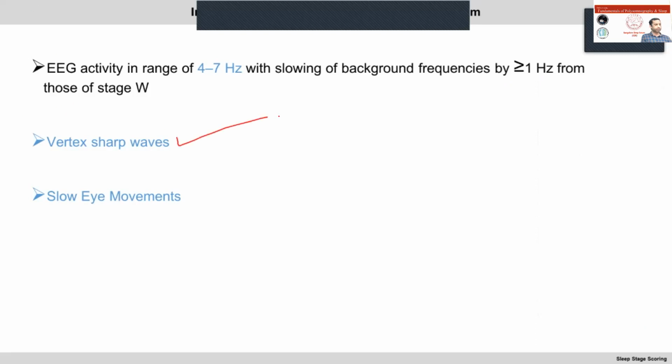If the person is not generating alpha rhythm during eyes closed, when the person shifts from wake to sleep, you have to look for vertex waves only. LAMF means low amplitude mixed frequency, with slowing of background frequency by more than 1 hertz from stage wake, and slow eye movements. If these things are there and the person is not generating alpha rhythm, that stage you have to mark as N1. Okay.